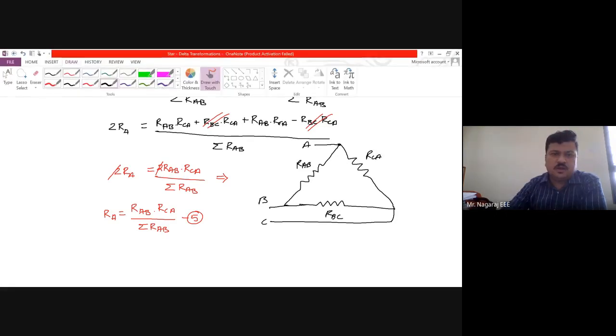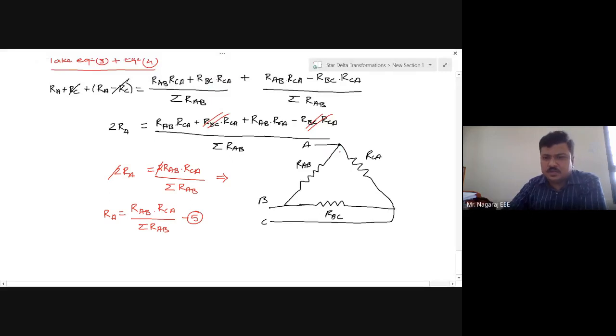If I take the equivalent star, I will draw it inside the delta itself. So the resistance in the equivalent star connected to A is RA. The equivalent resistance in star connected to B is RB. And the equivalent resistance in star connected to C is RC.